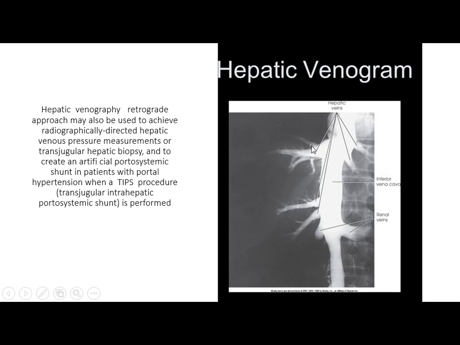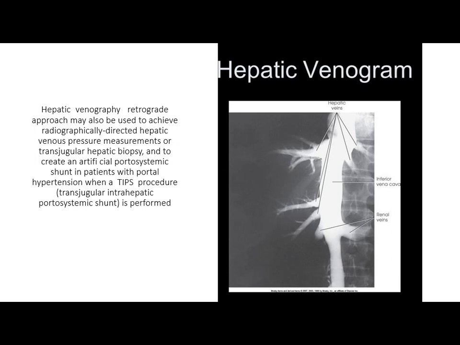Since TIPS is usually transjugular, by its name, transjugular intrahepatic portosystemic shunt, they go from the internal jugular into the IVC. Keep in mind that blood drains from the liver into the IVC and out of the liver. So when you inject contrast, it will go back. It will not go into the liver.